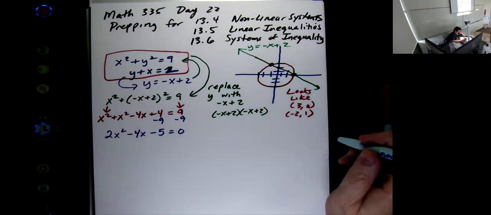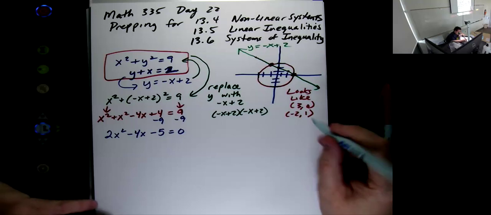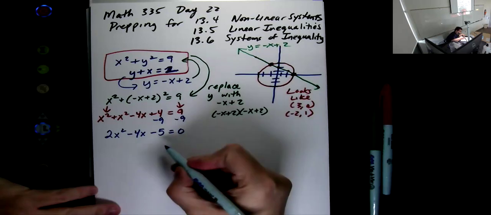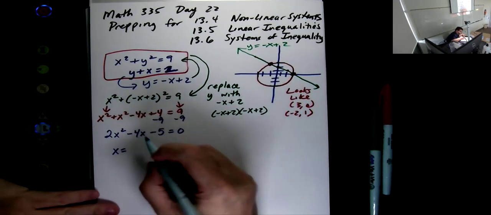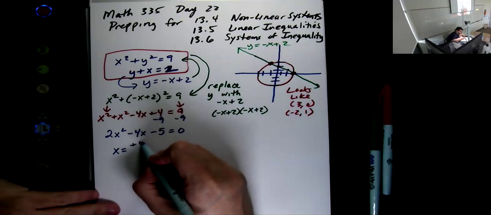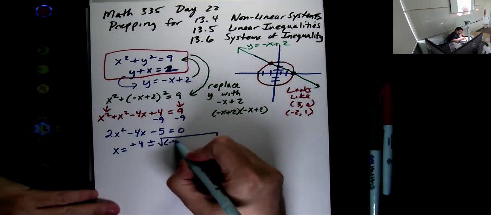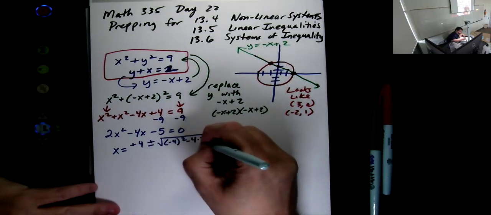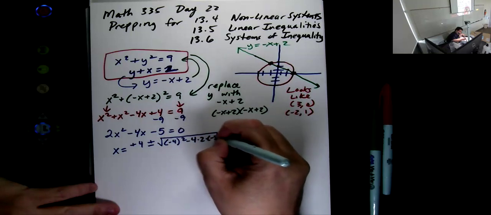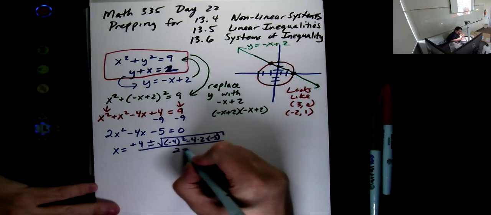And I don't think that factors, which means these are probably wrong. We'll do the quadratic formula. x equals negative b, which is positive 4, plus or minus the square root of b squared, negative 4 squared, minus 4 times a times c, which is negative 5, all over 2a, which is 2 times 2.